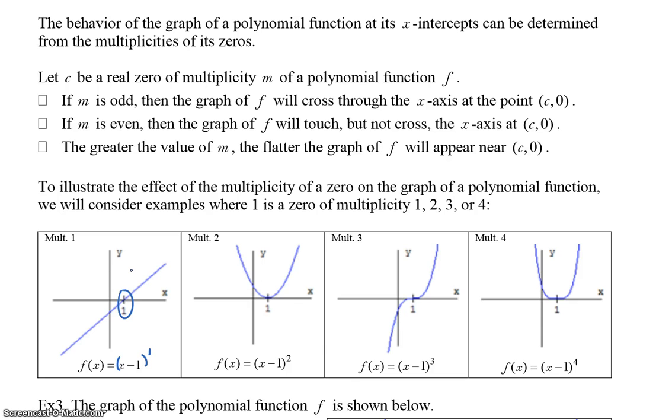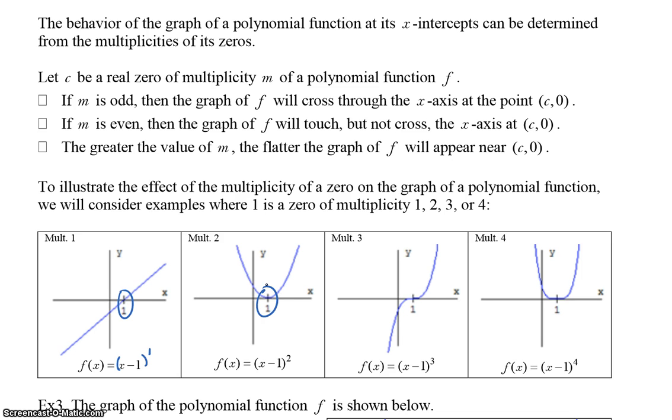What do we see occurring at the x-intercept? Well, first of all, the main thing to point out is that the graph does not cross through the x-axis at x equals 1. Rather, it touches but doesn't cross. So that's the case of even multiplicity. The multiplicity here is 2, so that's even multiplicity.